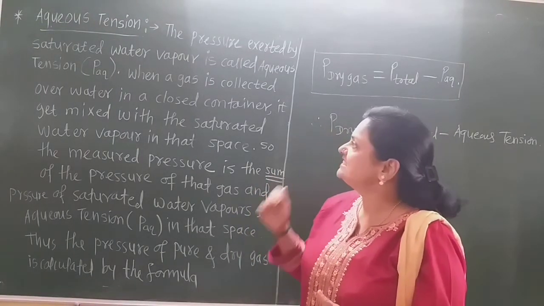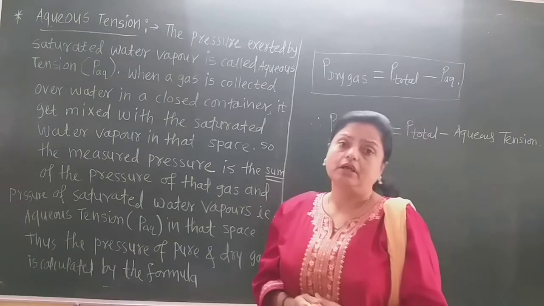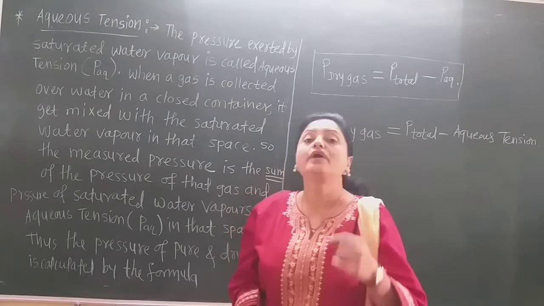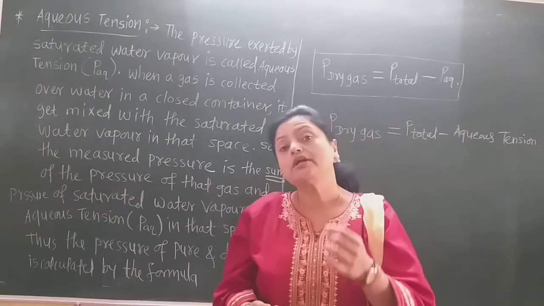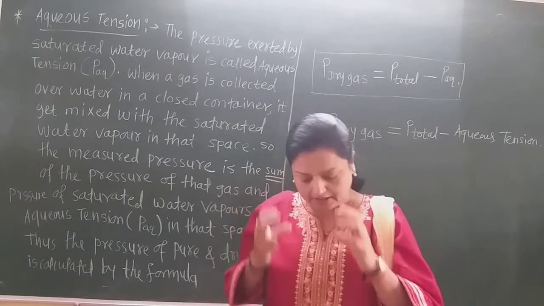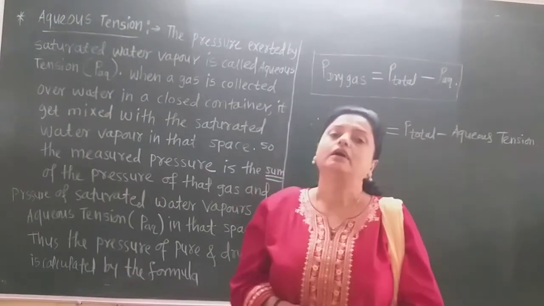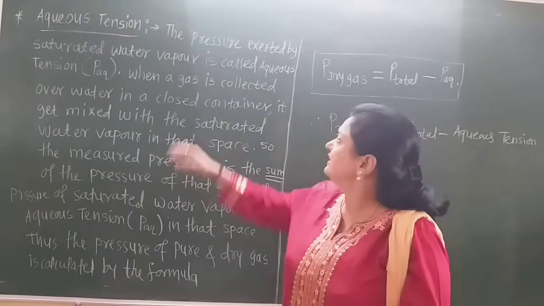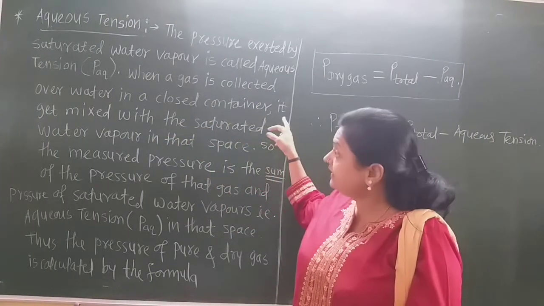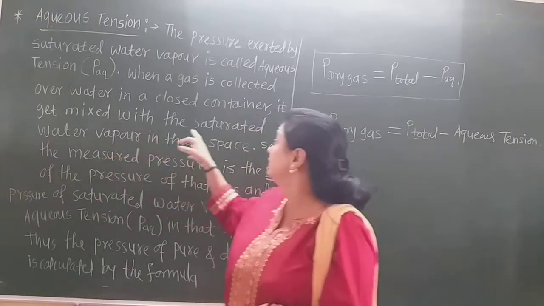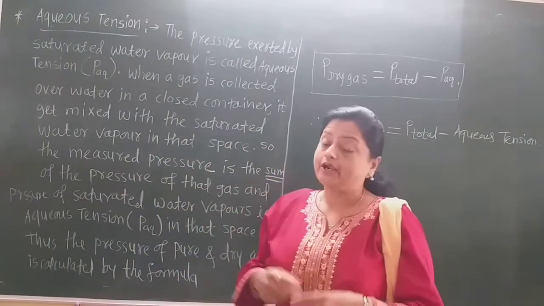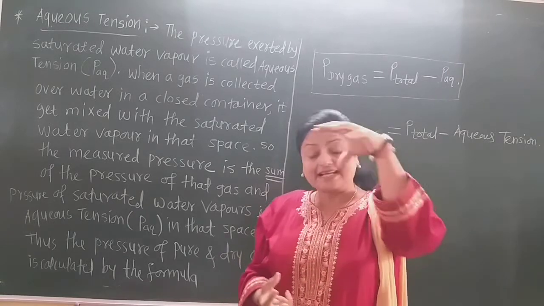Now when a gas is collected over water, if we prepare any gas in the laboratory, we have to collect it over water in a container containing water. So when a gas is collected over water in a closed container, it gets mixed with the saturated water vapors, because there is water and on the water the gas is collected.